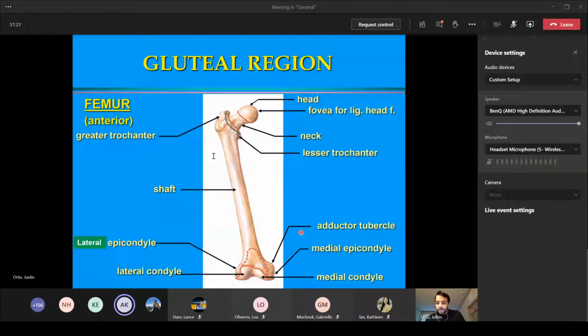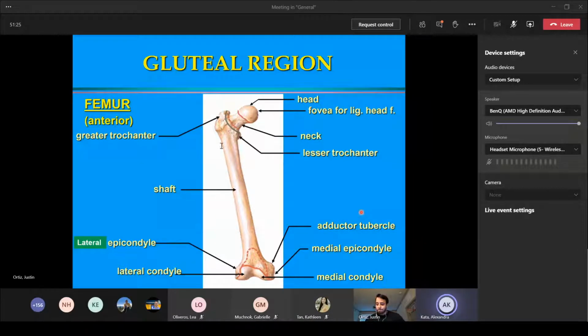Justin, quick question that's kind of unrelated, but not really. Back when he was talking about the supinator muscle, I noticed that on one slide he wrote the lateral condyle, and on another he wrote lateral epicondyle, talking about the arm. I assumed they were the same thing for the arm, and then I saw here that there's an epicondyle and a condyle.